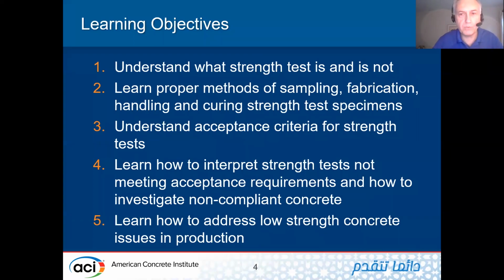What comes with this is that some of the concrete that was placed, represented by those tests, will be treated as non-compliant, so how to investigate that. And finally, how to address those low strength concrete issues in production, meaning by the ready-mix suppliers.